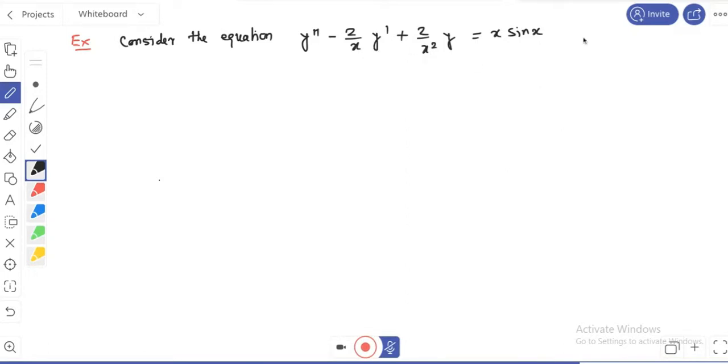So if we take any interval where x is not equal to 0, there is no problem. And if we write this as a linear operator, we can write it as Ly equals d(x).